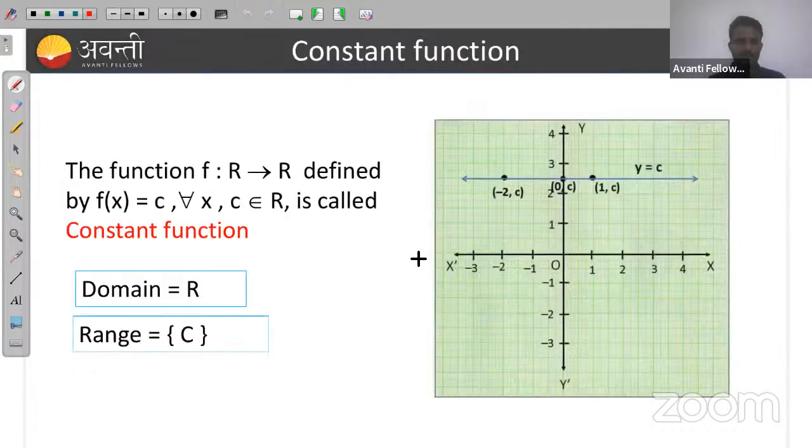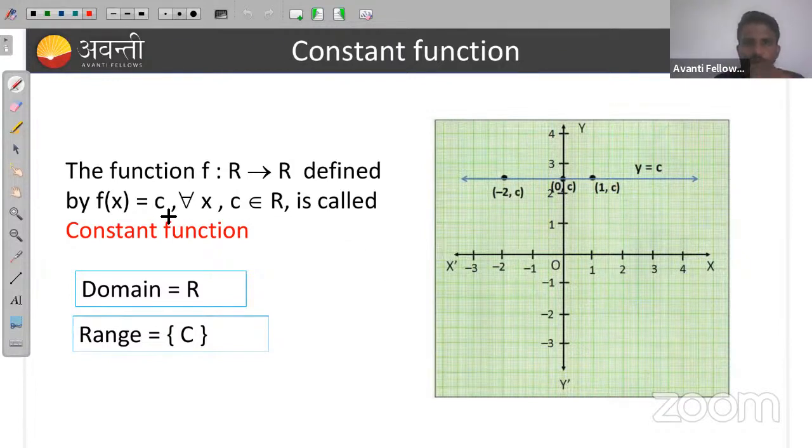So we're closing today's class from here. The next function is the constant function. A constant function is something where, whatever the input you give, the output will be C. Whatever the input you have, the output is always going to be C. So that is called a constant function.